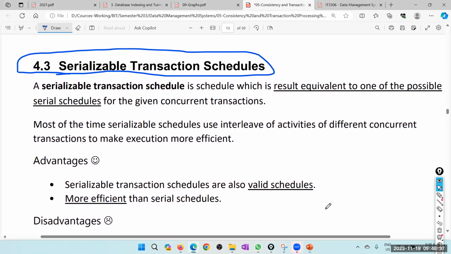A serializable transaction is a transaction which is result equivalent. That means the end result is equivalent to one of the serial transactions. But this is not a serial transaction. This is a non-serial transaction, but it is result equivalent to one of the serial transactions. So then we say our new schedule is a serializable schedule. Right? Serializable schedule. Okay.